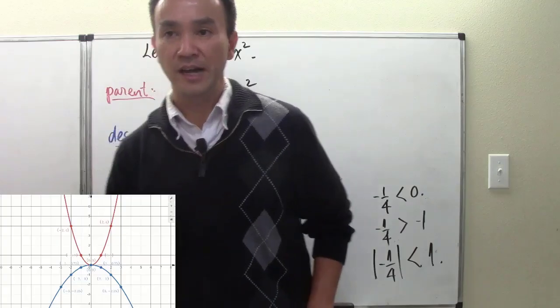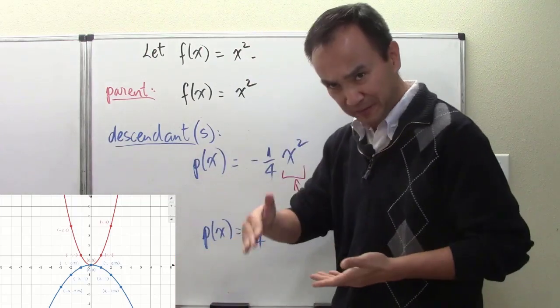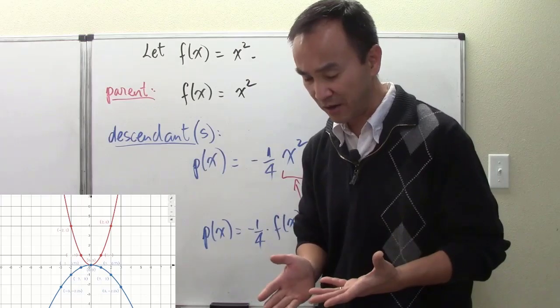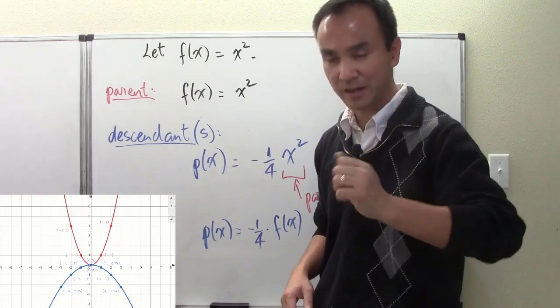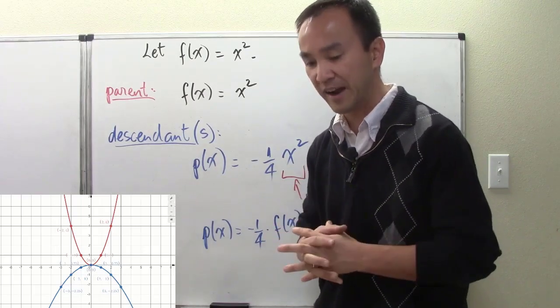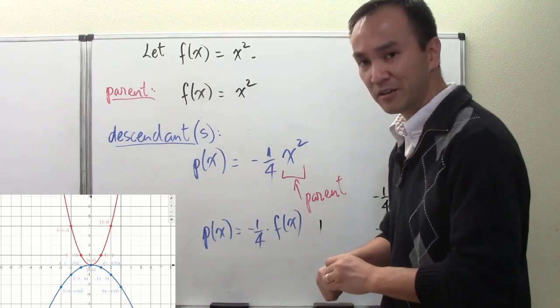All right, so now with all that observation we have seen, let's put it together again. The graph is flipped downward, and every y value is only 1/4 of the original value. So now I'm gonna write down that observation.